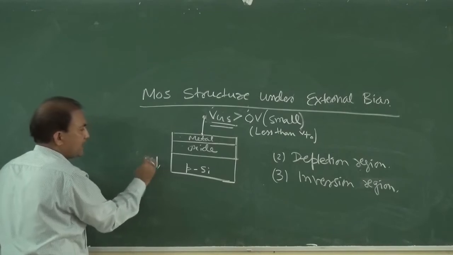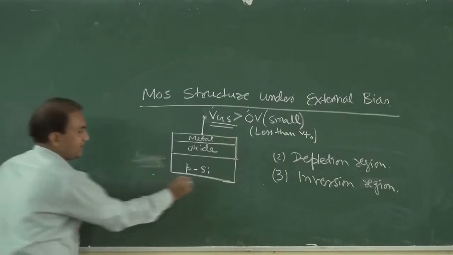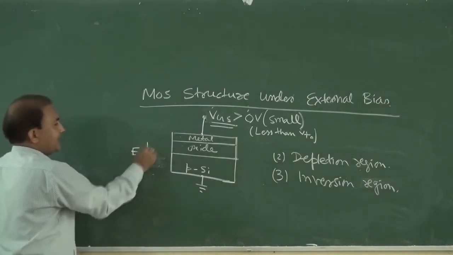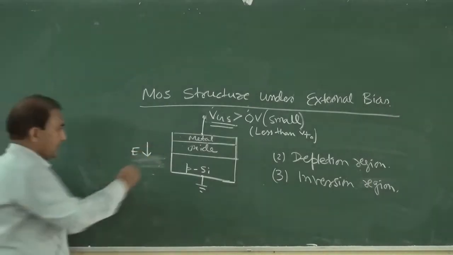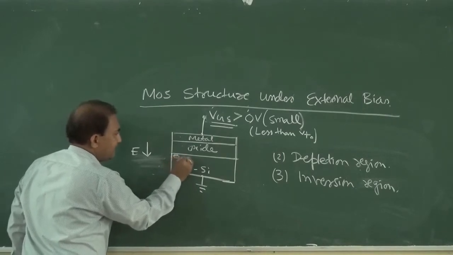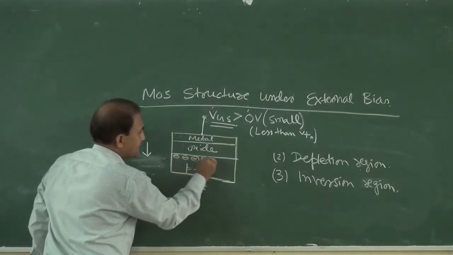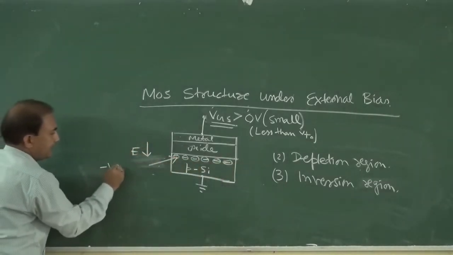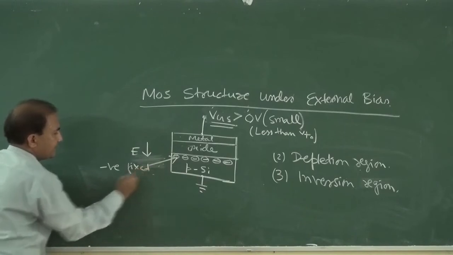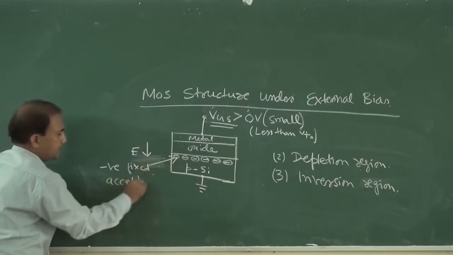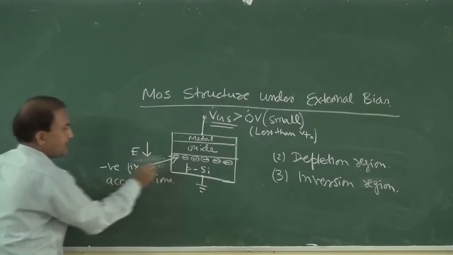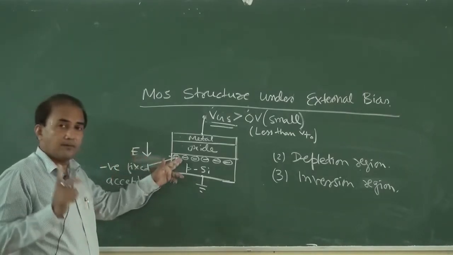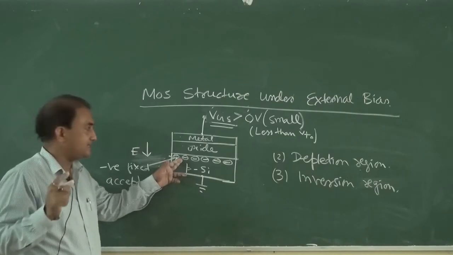Their direction will be downward, and the direction of the electric field is also downward, leaving behind negative fixed acceptor ions, which are immovable.